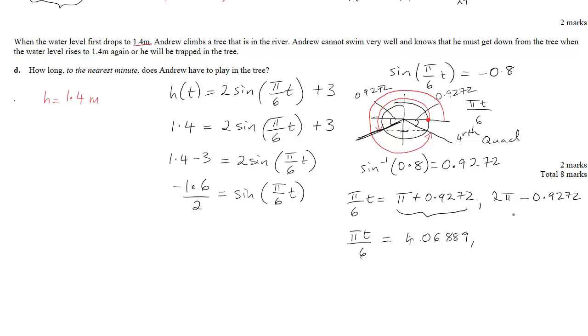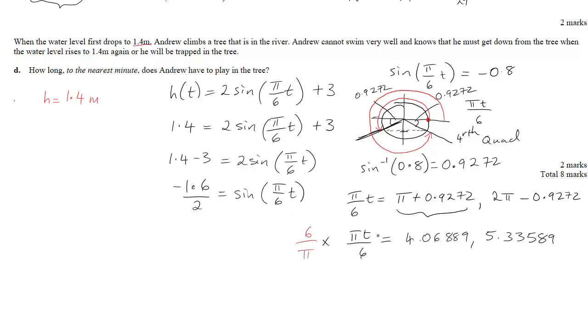It's important to use as accurate an answer as you can. So just use your CAS calculator to work this out. You'll get a value of 5.33589.